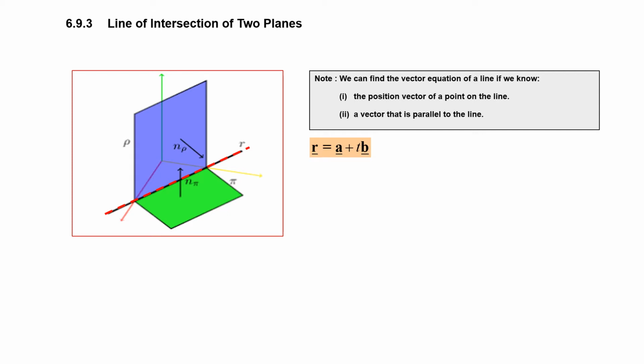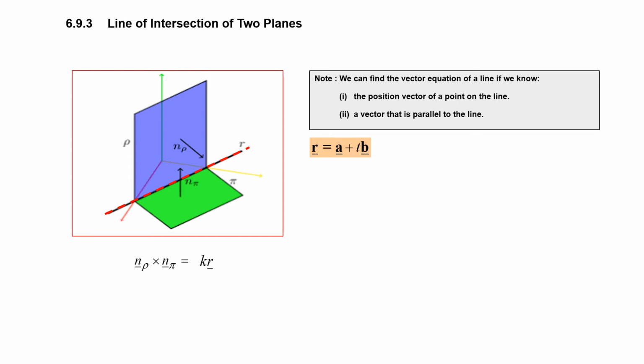We look at the normal to the plane. If you carry out the cross product of the two normals, you will get a vector that is parallel to the line of intersection. This is something special. The direction of the line of intersection of the two planes is not easy to determine.